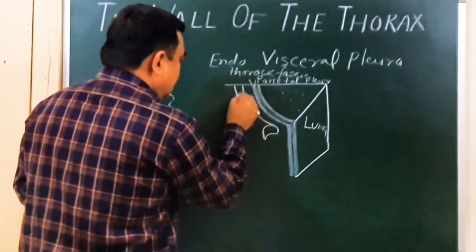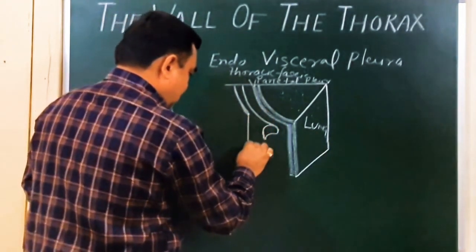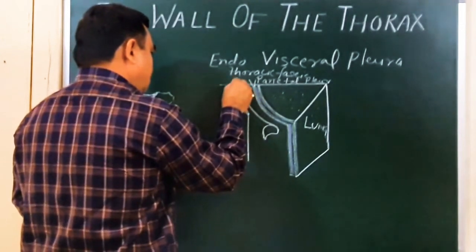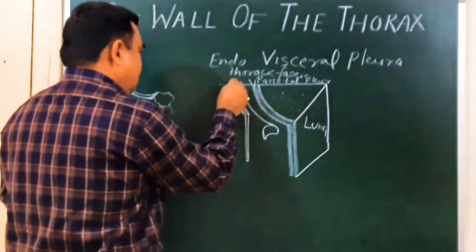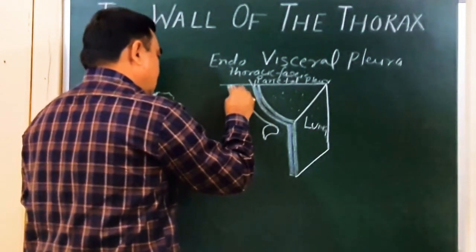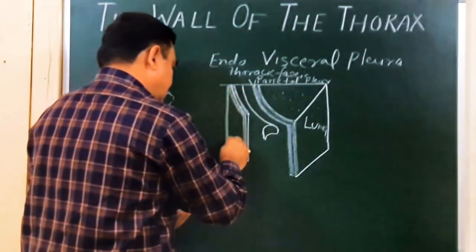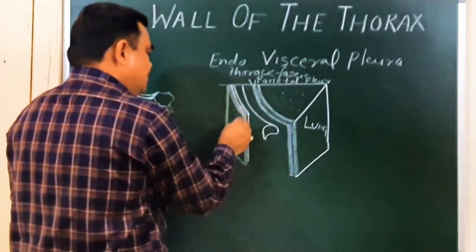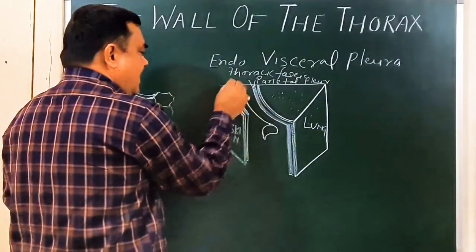And here is skin, there is fascia. So this outermost structure is skin.